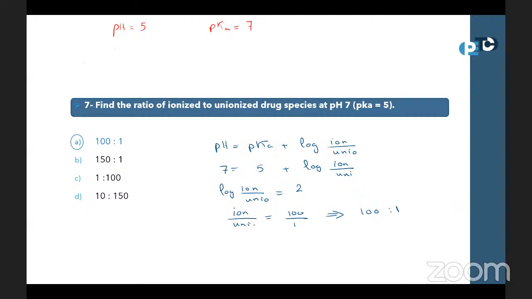What is the calculation in this case? 5 equals 7 plus log ionized over unionized. So the log value of ionized over unionized equals -2. In this case, the ratio of ionized over unionized equals 1/100, or the unionized part will be 100 times the ionized part. A very good absorption rate for this drug.